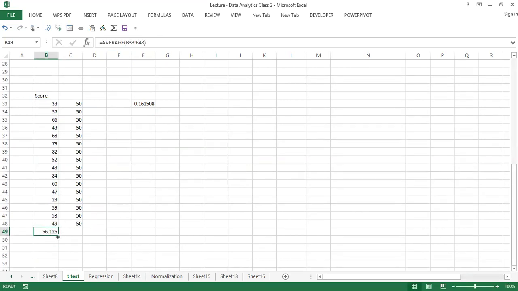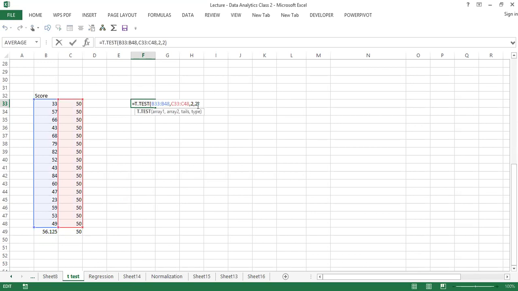Retain the null hypothesis. Whichever way, you retain the null hypothesis. So when P is low, you reject the null hypothesis.